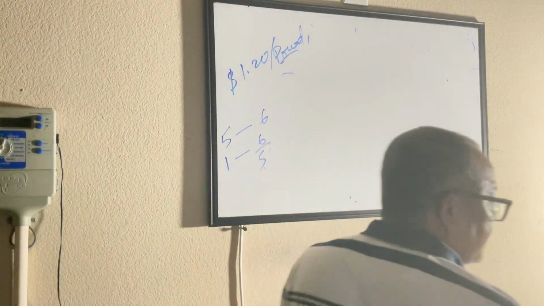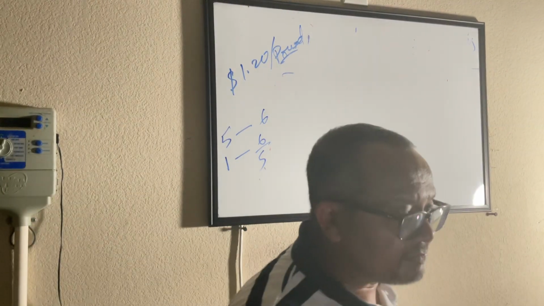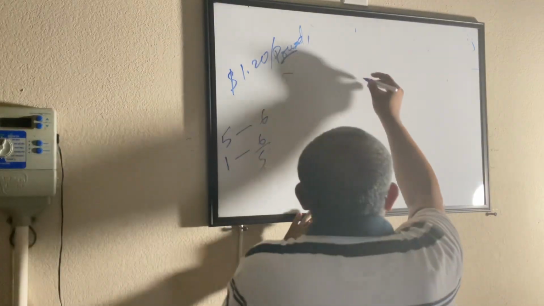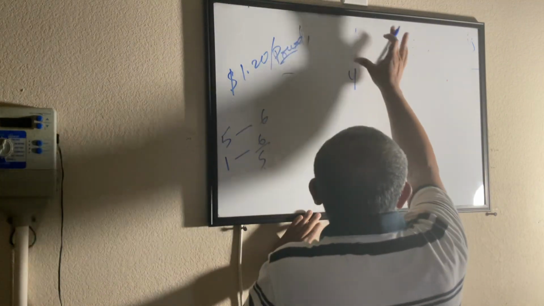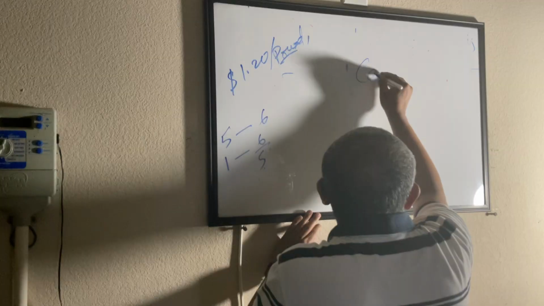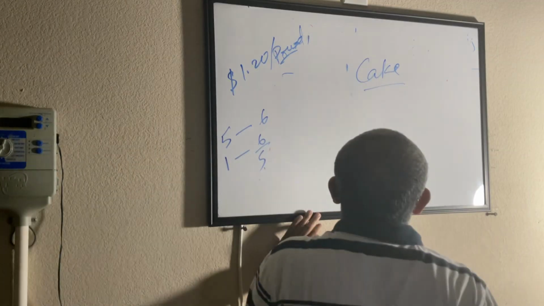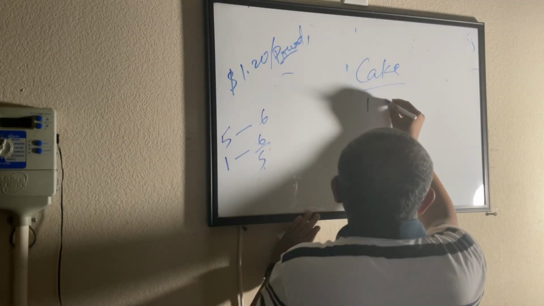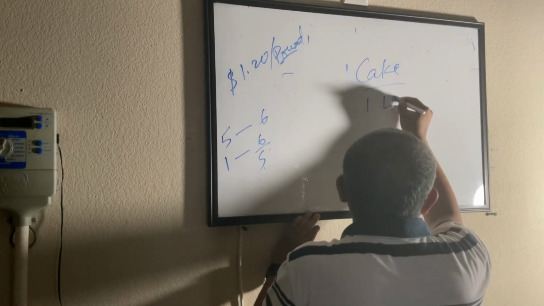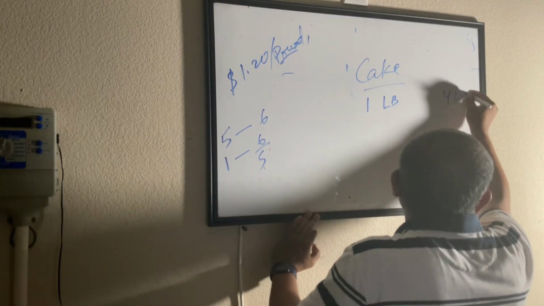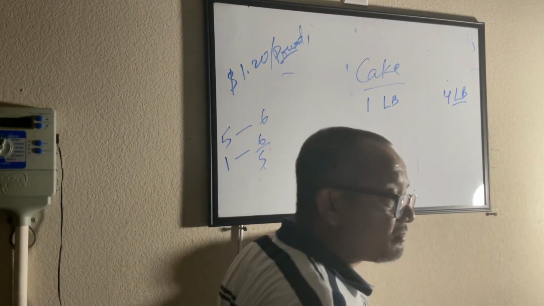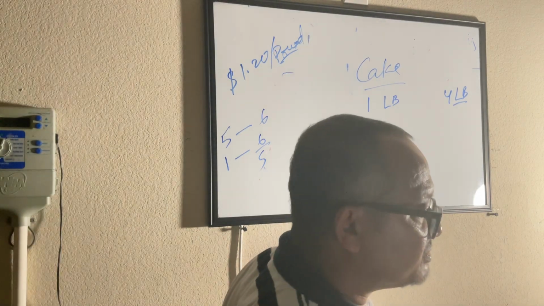If you recall, when we talked about ratio or proportion, we talked about, let's say, making a cake. You said, okay, fine, 1 pound of sugar for 4 pounds of flour.